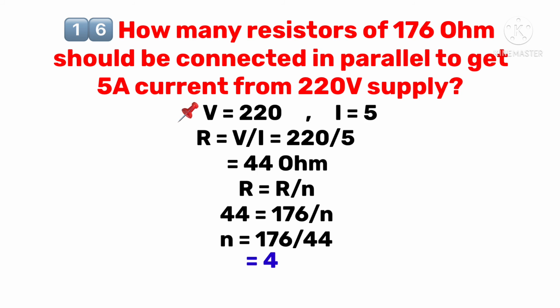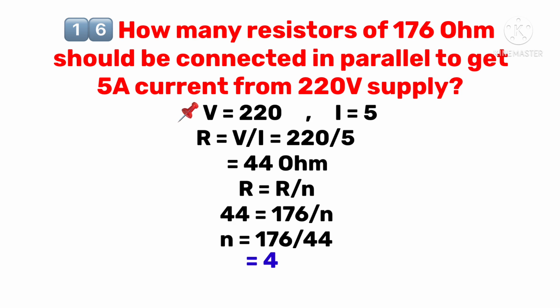16th question. How many resistors of 176 ohm should be connected in parallel to get 5 ampere current from 220 volt supply? Here V equal to 220 volt, I equal to 5 ampere. We know that R equal to V by I. That is 220 divided by 5 equal to 44 ohm.